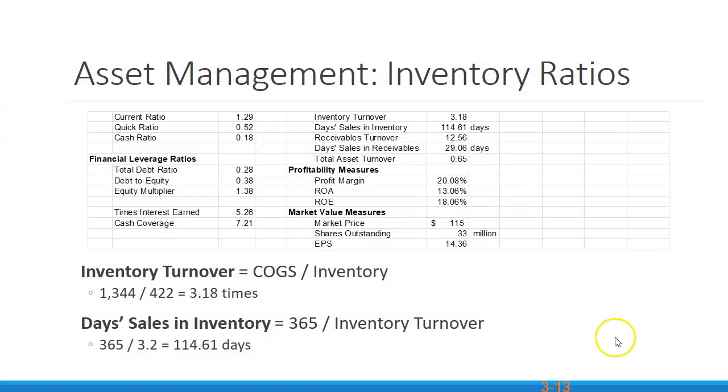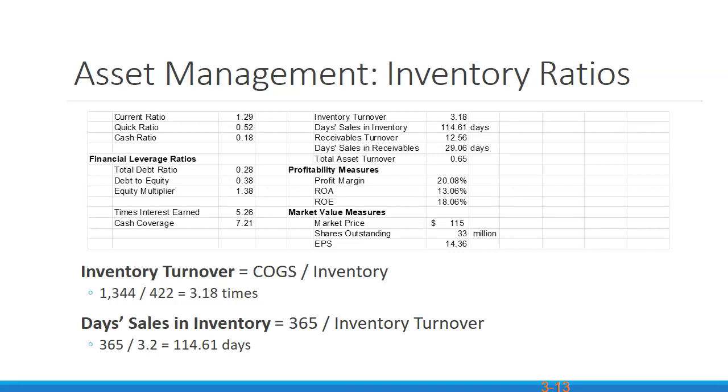The next set of ratios we look at are asset management ratios. First, we have inventory ratios. Our inventory ratio is cost of goods sold divided by inventory. That cost of goods sold divided by inventory tells us how many times on average we sell out our entire inventory. Now, a tough thing about this ratio is if we have a wide variety of inventory, this is just an average.